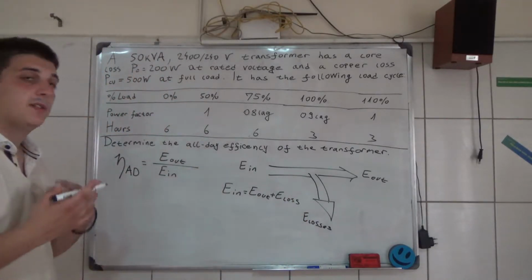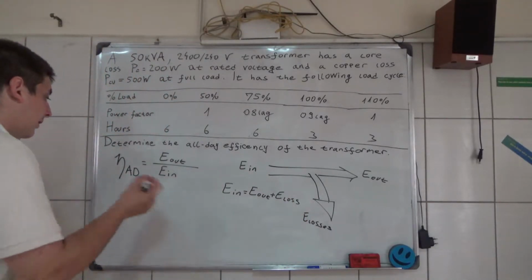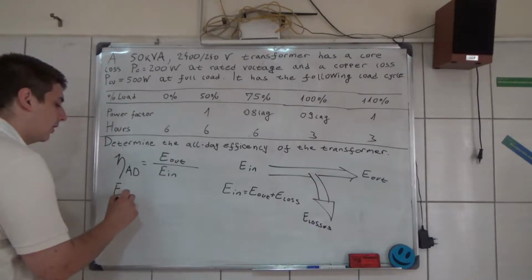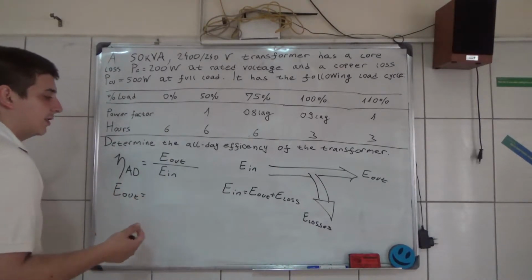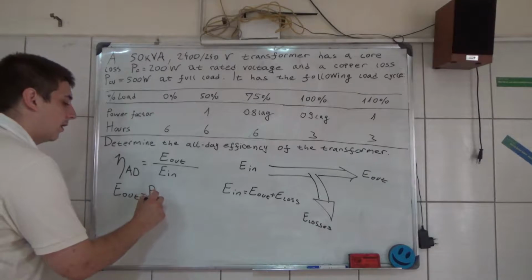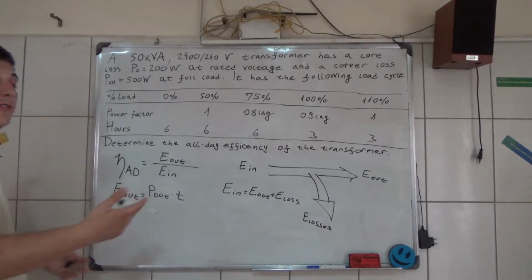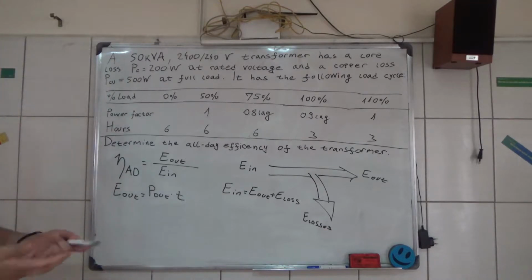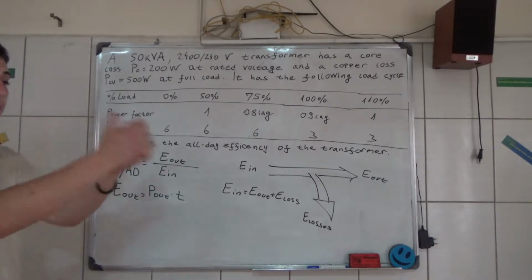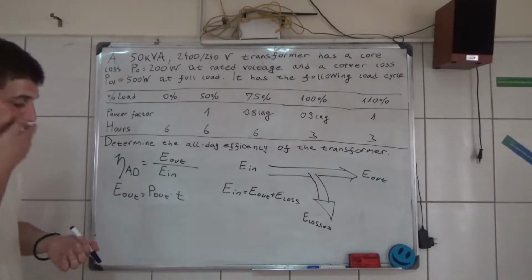Okay, now what is the formula for the energy? Well, the simple formula in this situation is the power times the time that we use that kind of power. So the energy output is equal to the power output times the time.